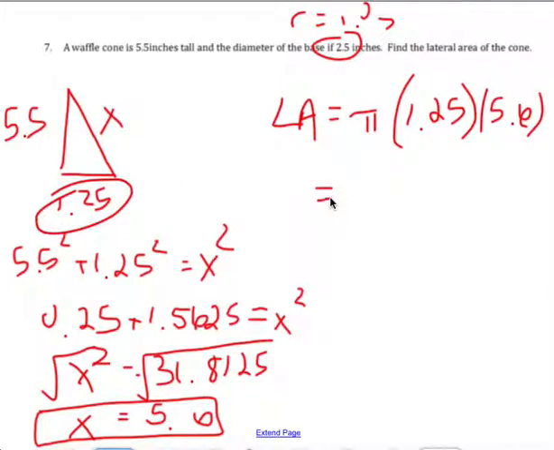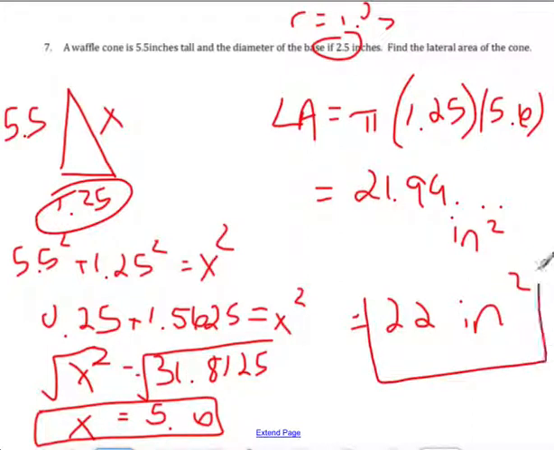So now I can go ahead and plug all of that in my calculator. Pi times 1.25 times 5.6. So then I get 21.999999, and that's going to be inches squared. So I'm just going to round that to be 22 inches squared for my lateral area for number 7.